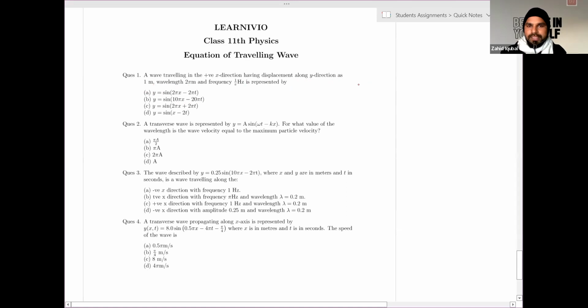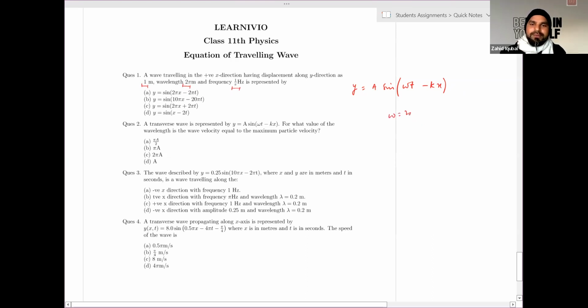We can write the general equation of a wave as A sin(omega t minus kx) if it is going towards the positive x-axis. Here the amplitude is 1 meter, wavelength 2 pi meter, and frequency 1 by pi hertz.